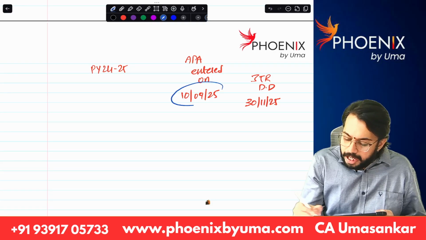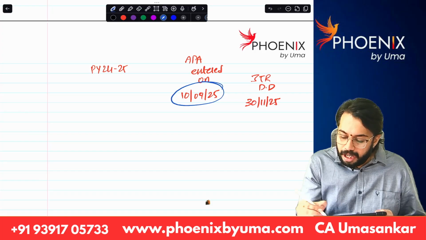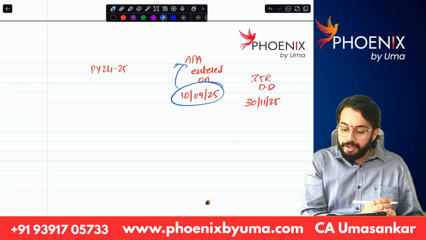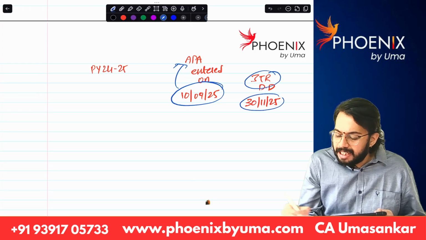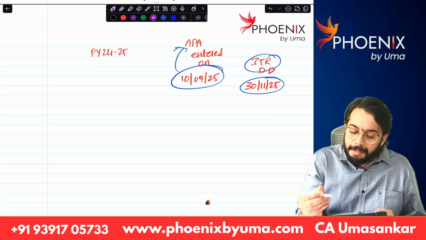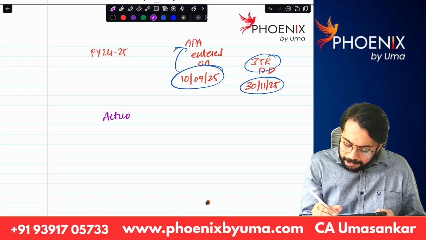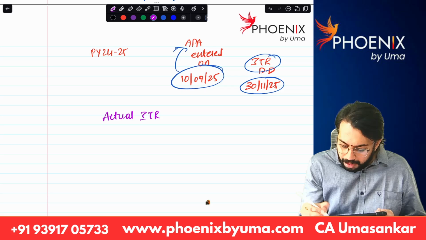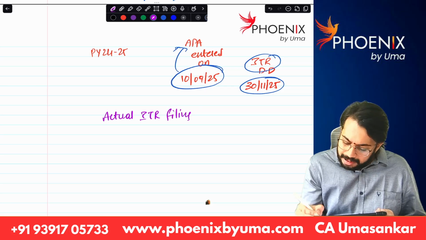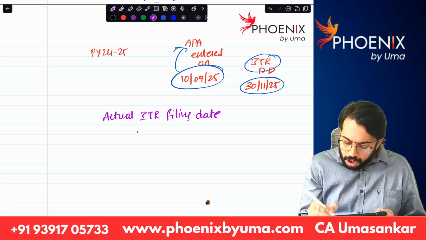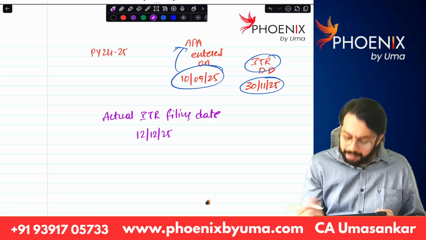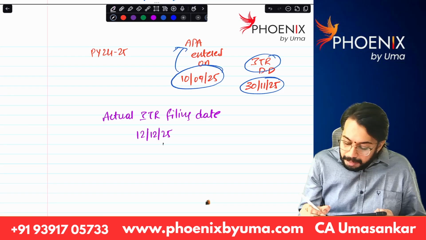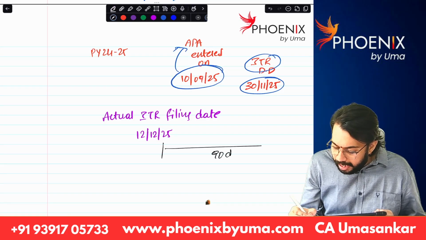Before the ITR due date only, APA was entered. Now, the ITR due date is 30th November 2025, but the actual ITR filing date is 12th December 2025. Now, from 12th December 2025, you have to calculate 90 days.